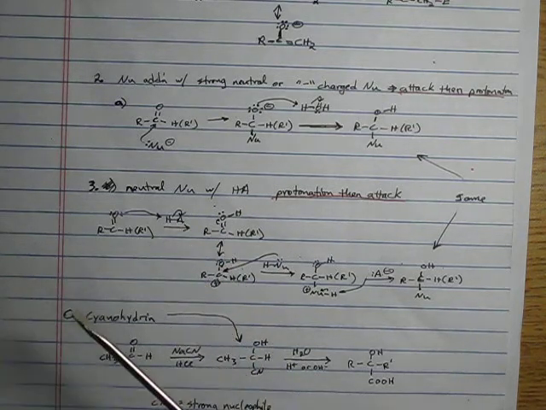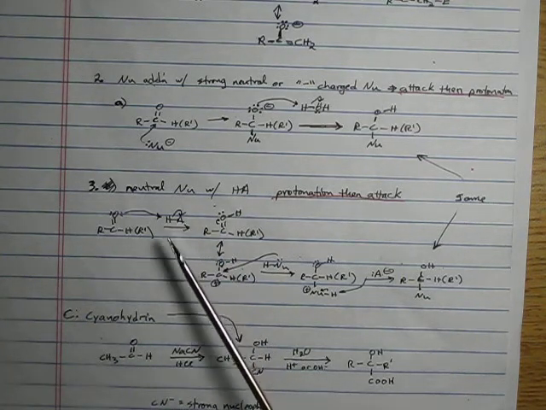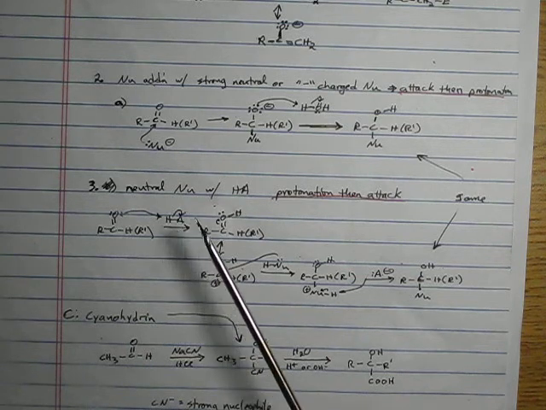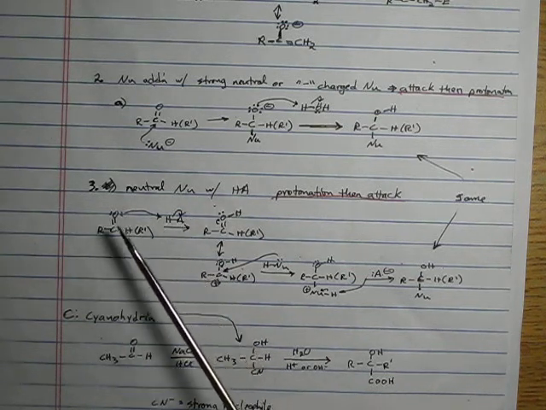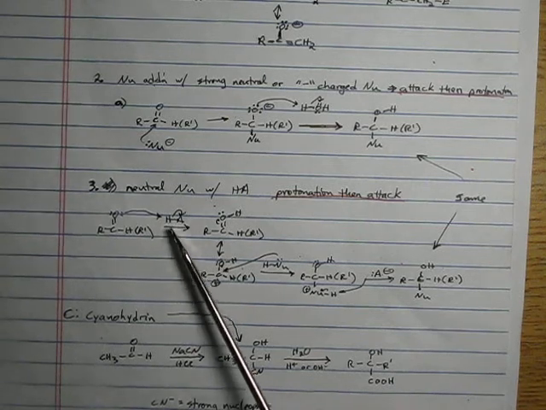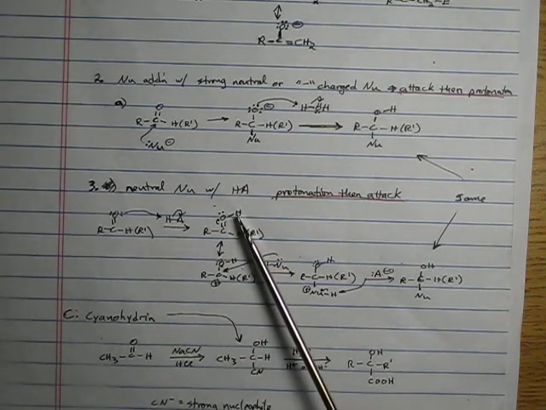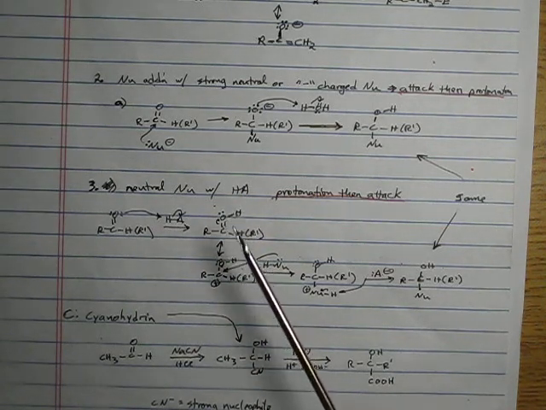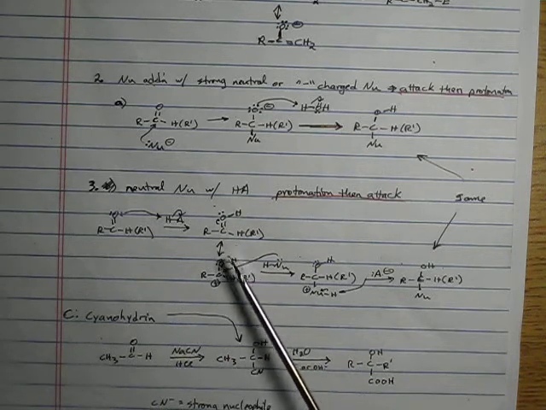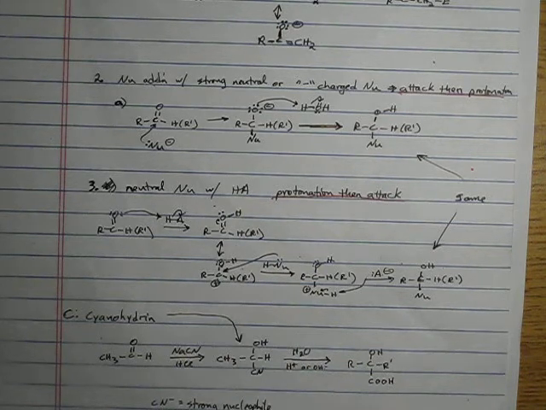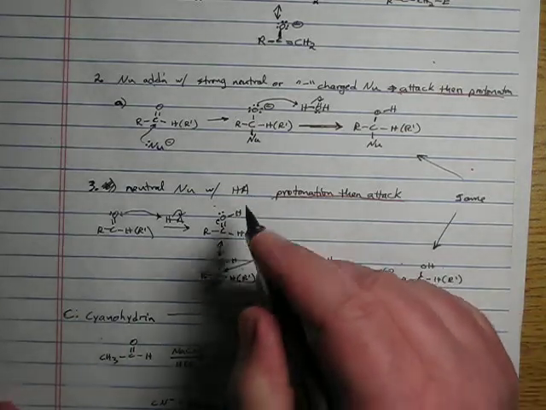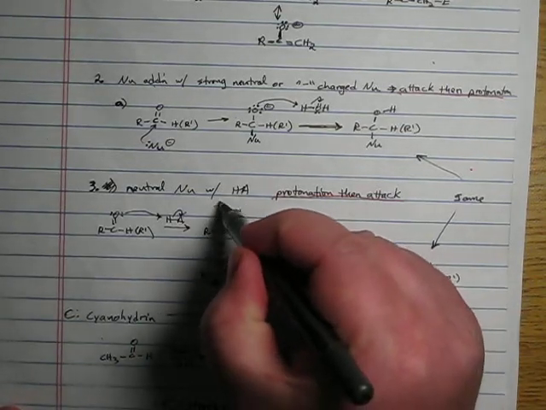We throw in some acid. So if we have a really weak nucleophile, we need to throw in an acid. The oxygen will attack the hydrogen of the acid to protonate it. Resonance means that the positive charge that is on here can get transferred down to the carbonyl carbon.